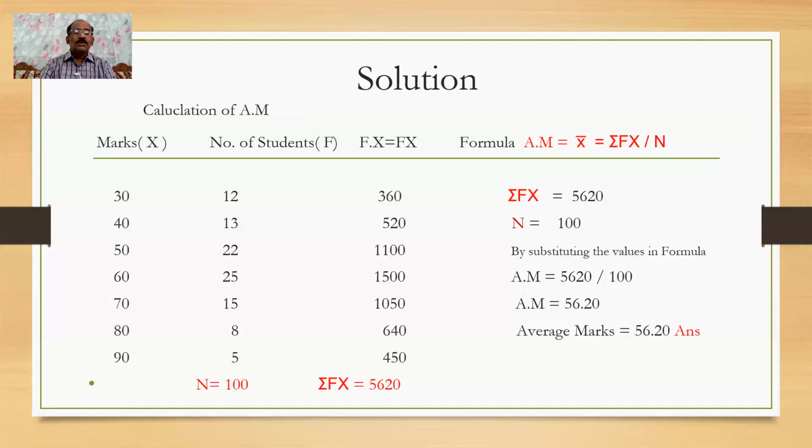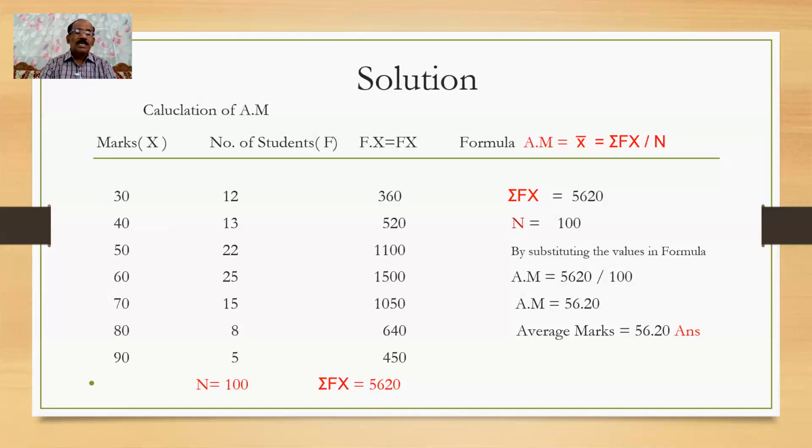In the next row, 15 students got 70 marks. The product of these two is 1050. That means 70 into 15 is 1050. In the next row, 8 students got 80 marks. That means 80 into 8 is equal to 640.